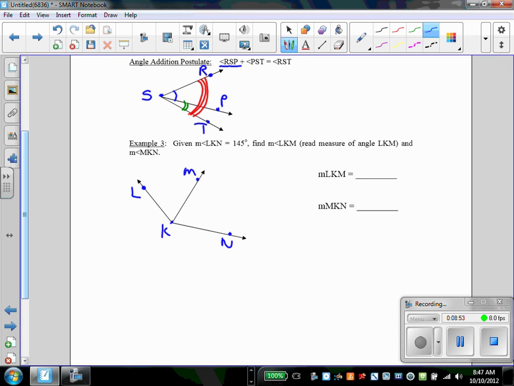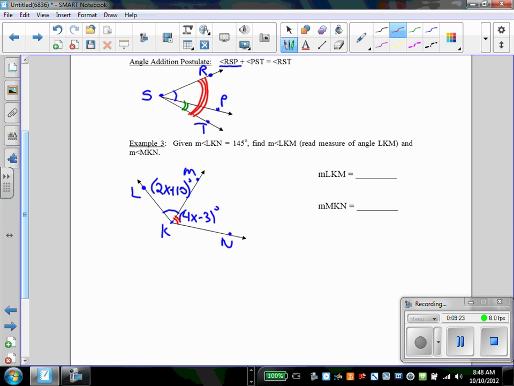What we do need, though, is some more information here that is on your note guide, but I don't have it right on mine, so I'll put it down real quick. This angle is represented by the expression 2x plus 10 degrees. This one is going to be 4x minus 3 degrees. Now, we don't know if these are equal, so I'm just going to say it's not the same measure.